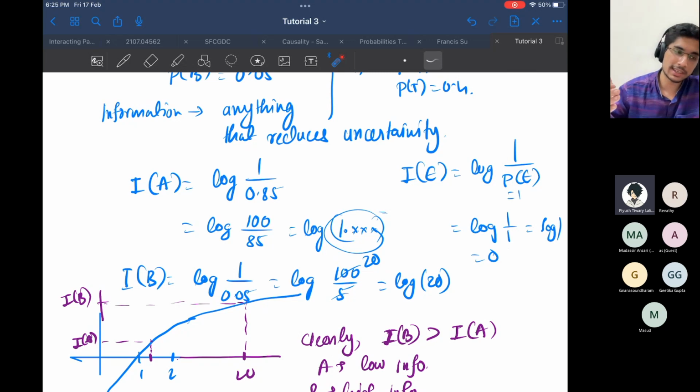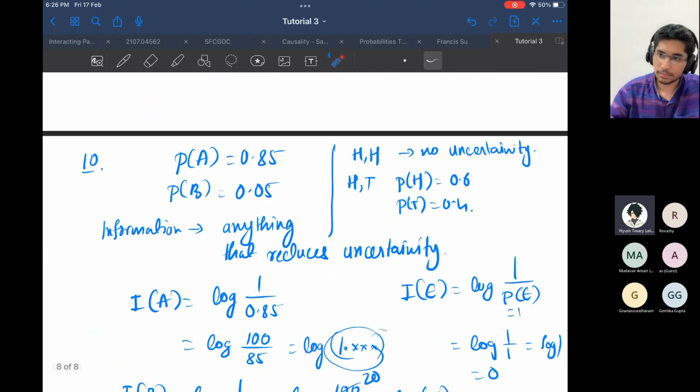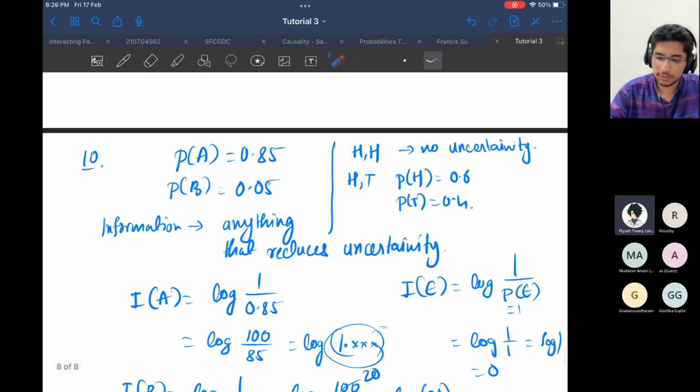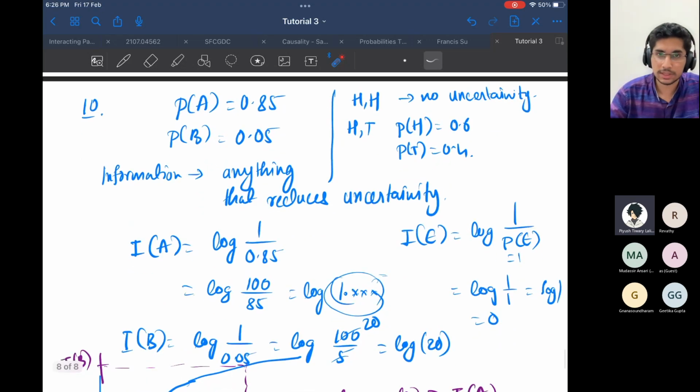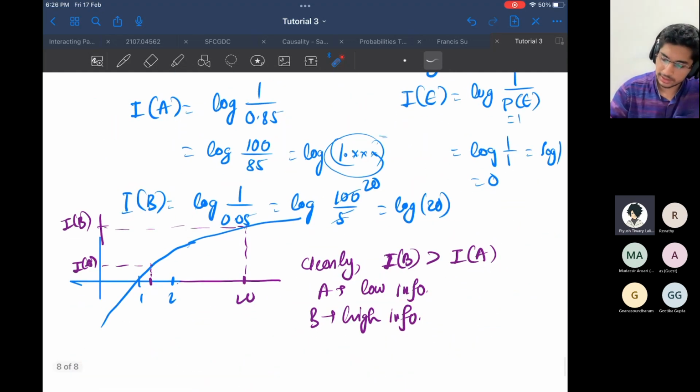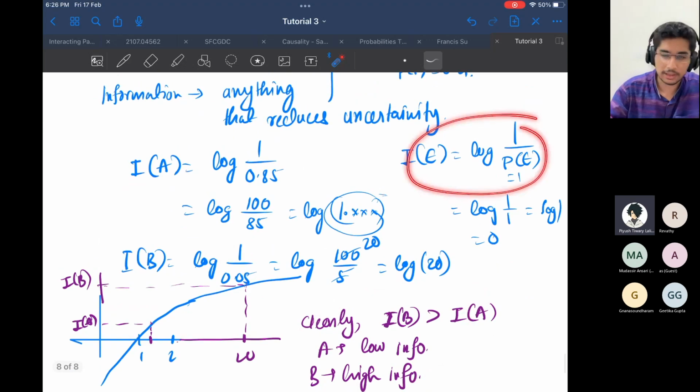And what it tells you is that uncertain events carry high information. If there is no uncertainty, there is no information as such. However, if you tell me that there is some probability with which something else can happen, that actually gives you information in the true sense.